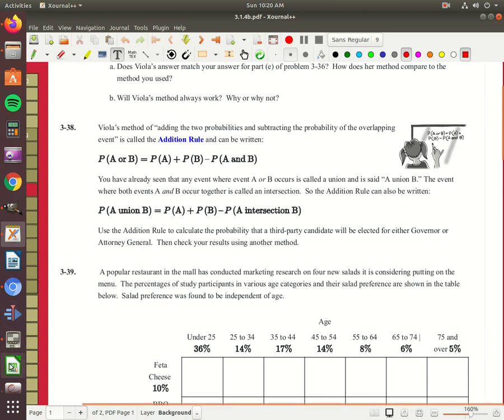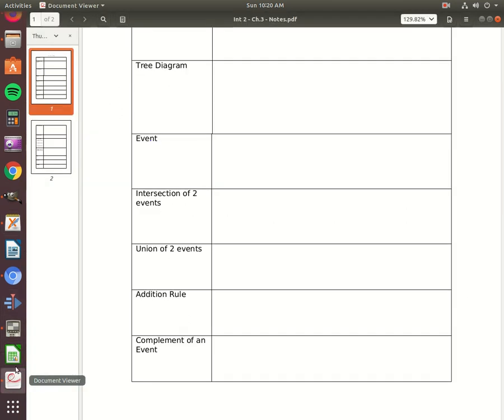So if we go back to these notes, I just want to make this super clear, if I can. The intersection of two events is like an and question. It's got to be A and B. They both have to happen. The union of two events is an or question. It's where one thing happens or the other thing happens. Like I said, the union is usually more inclusive.